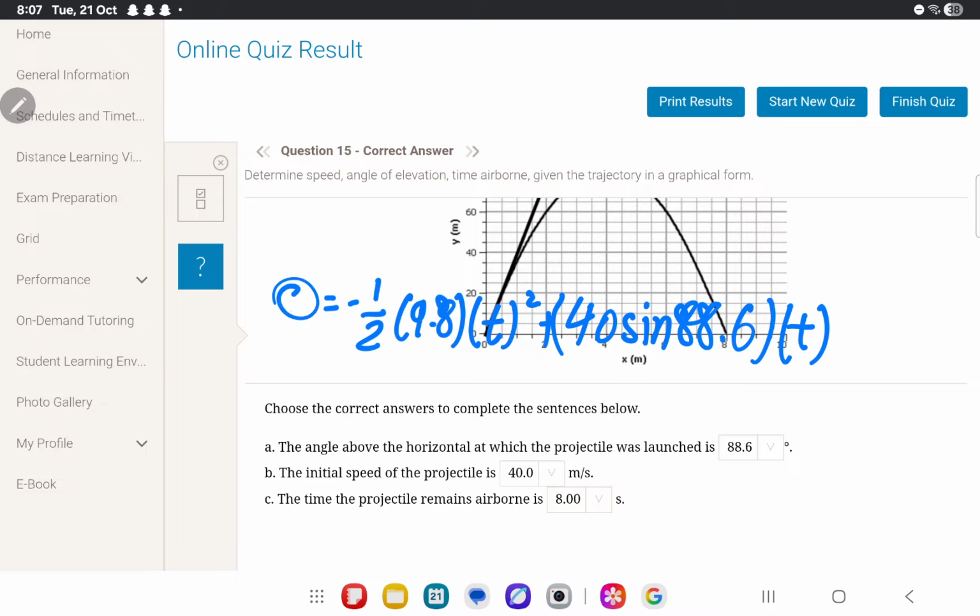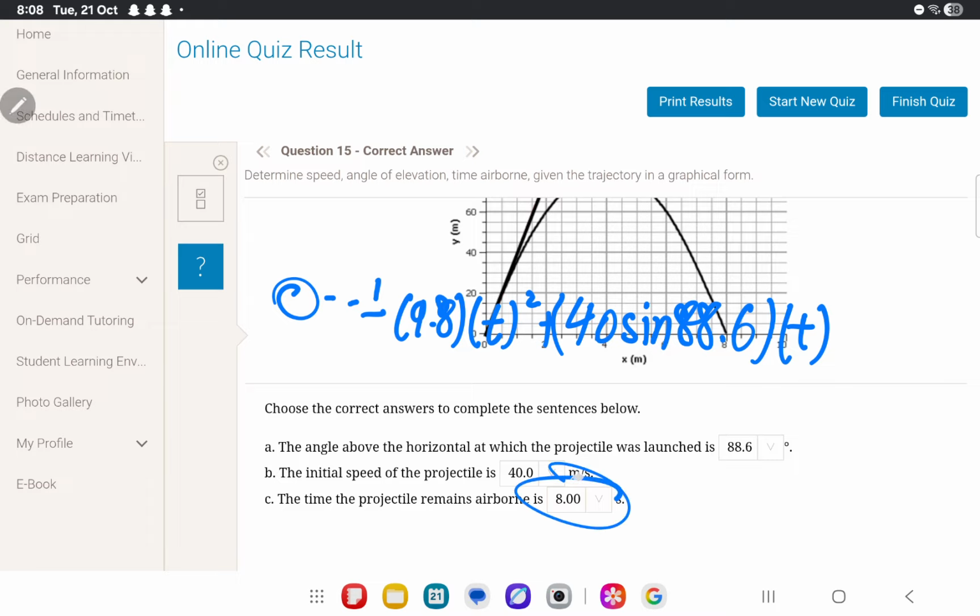Do this on your equation solver, mode 5.3. Negative half times 9.8, and here I will put 40 sine 88.6. Now, I'll get the first x, and I get x to be 8.16.